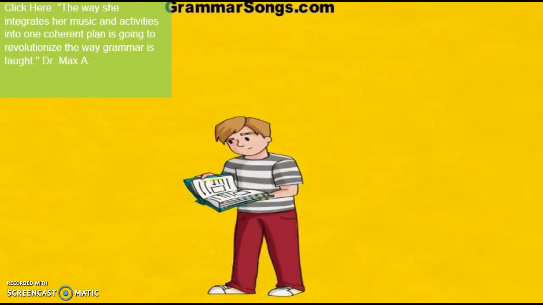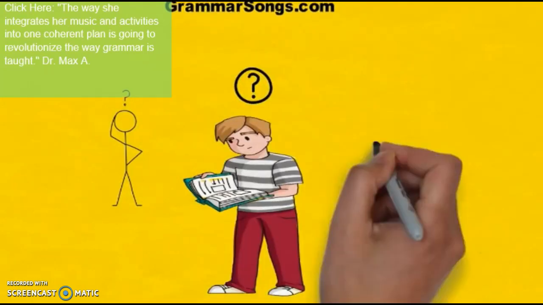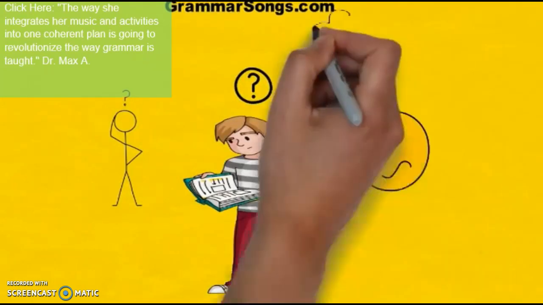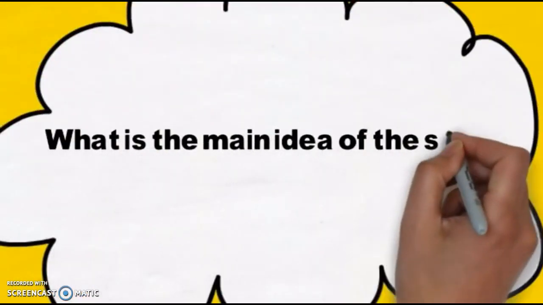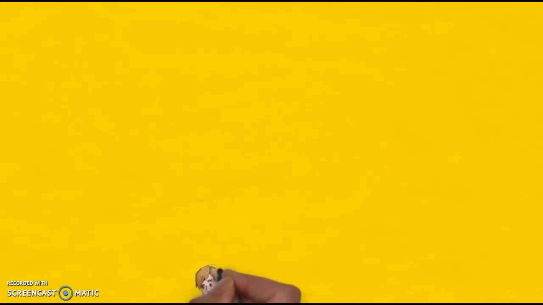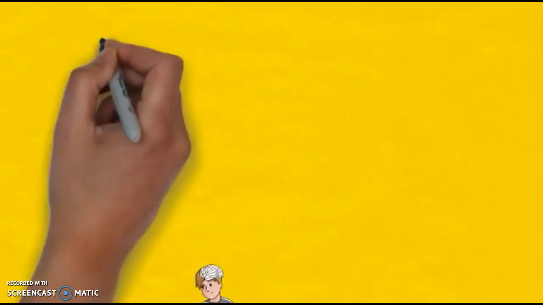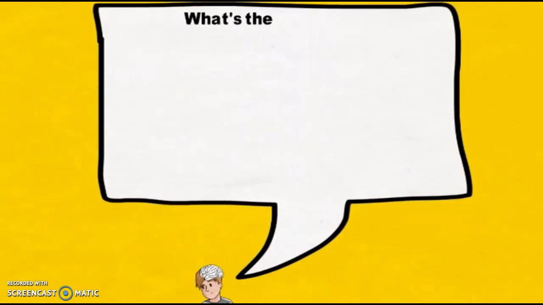I was reading in my class the other day. I gazed upon the question written on the page. What is the main idea of the story you just read? This little voice inside my brain so loudly said, what's the main idea?